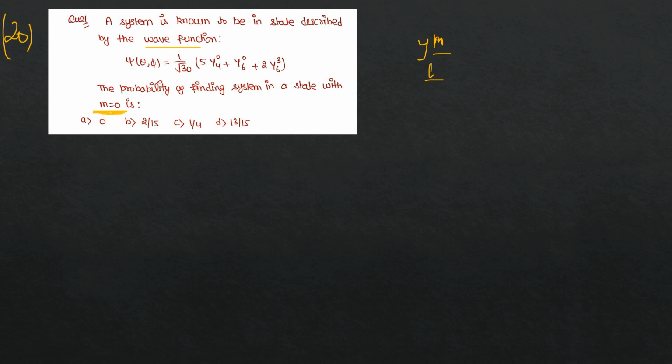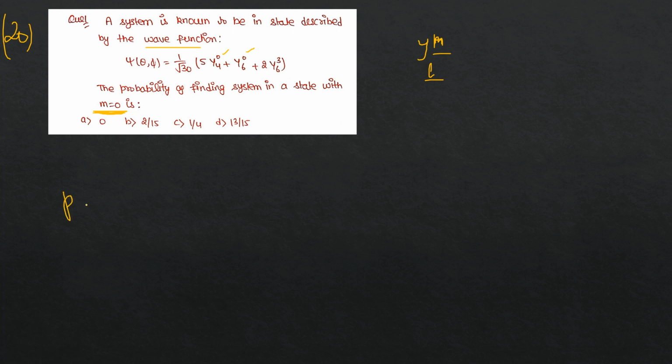The probability of finding the system in a state with m equal to 0 is how much? We have to find which terms have m equal to 0. See, this is LM, m is 0 here, m is 0 here. This is m equal to 3, so we won't count that. So how will we calculate the probability?